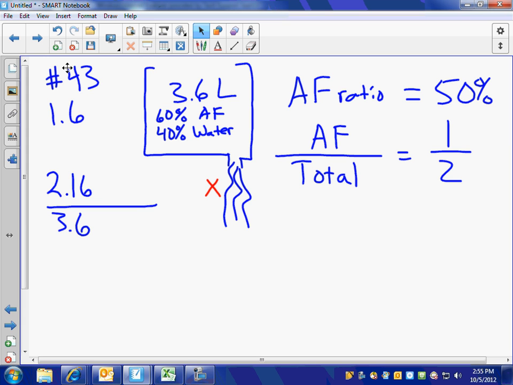Is that subtracting fluid or adding fluid? That's subtracting, so I'm going to minus stuff. If I let X amount out, how much does that reduce the entire radiator by? It reduces the total amount by X.